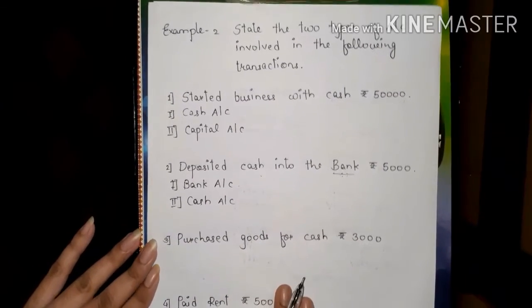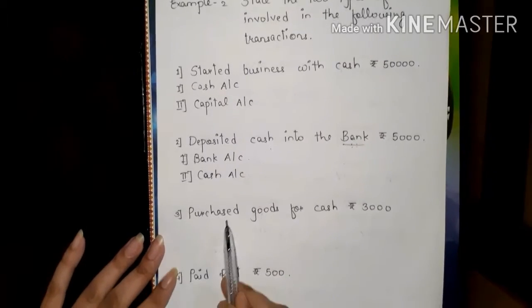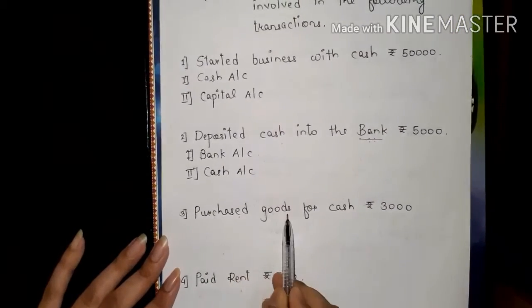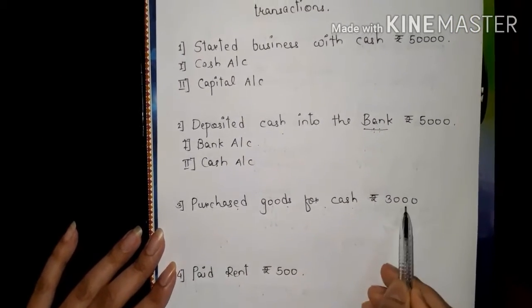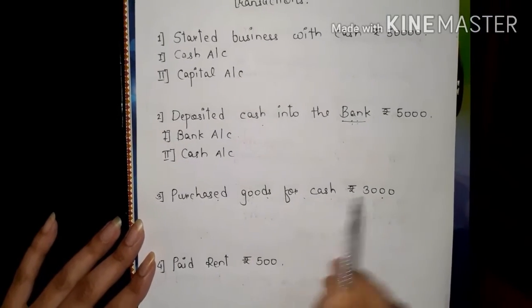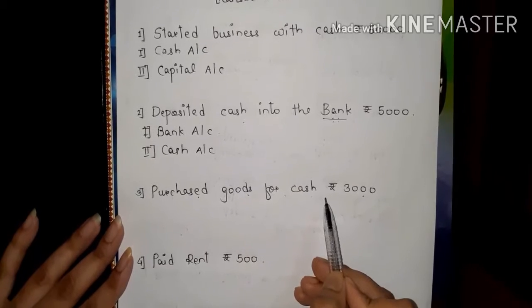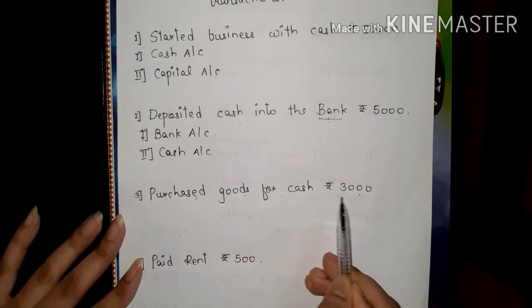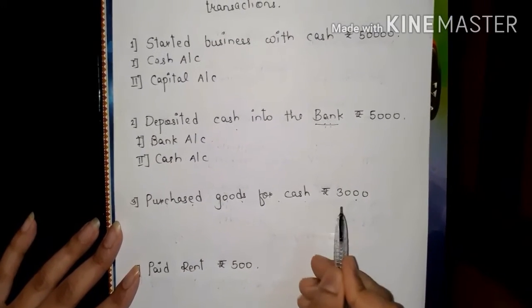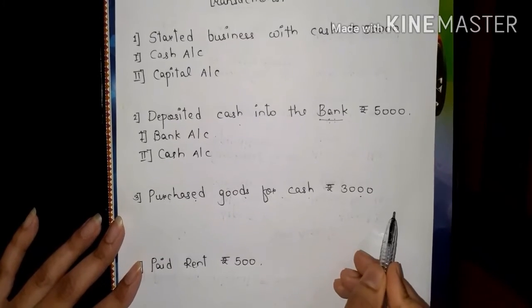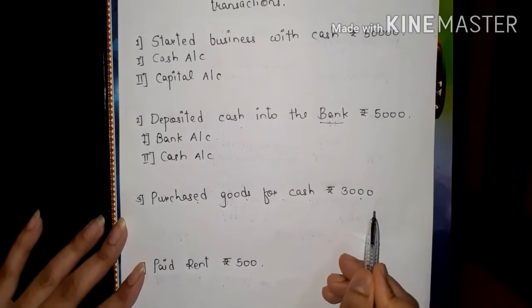Okay. Let's take another transaction. Purchased goods for cash rupees 3,000. Now here we have purchased goods for cash rupees 3,000. That means we have purchased goods and made payment in cash immediately. We haven't taken it on a credit basis.